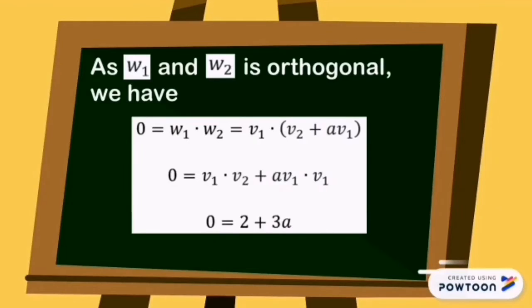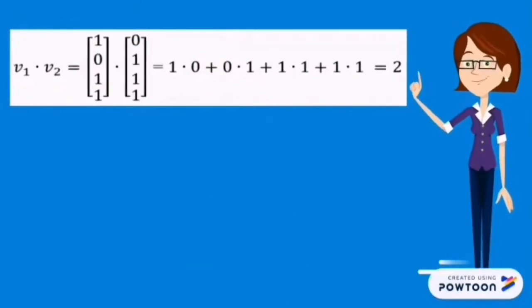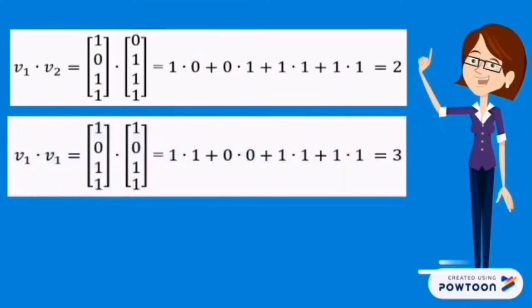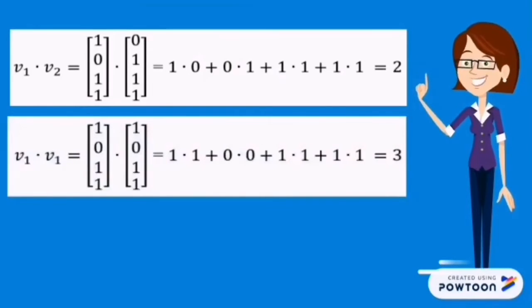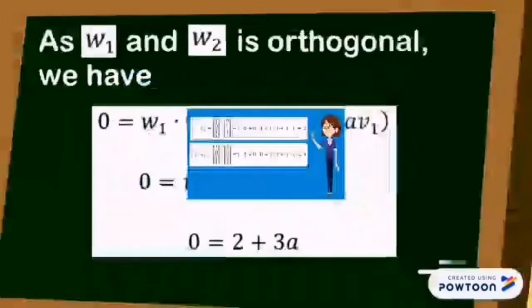We will get 0 equals V1 dot V2 plus A V1 dot V1. We will get 0 equals 2 plus 3A. We get 2 because V1 dot V2 is 2, while V1 dot V1 equals 3, times the scalar A.